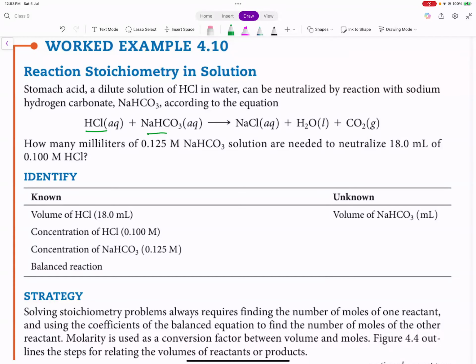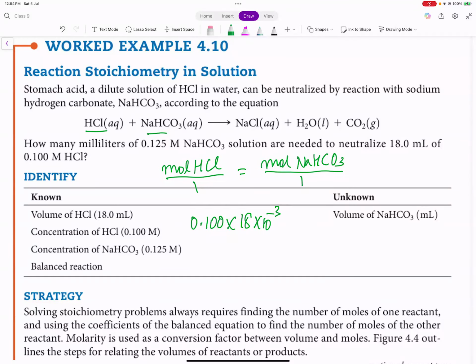So I will write like this: mole HCl divided by 1 is equal to mole NaHCO3 divided by 1. And moles I can write as molarity into volume in liters. So molarity of HCl is 0.100. Volume in liters, 18 milliliters mean into 10 to power minus 3 liters.